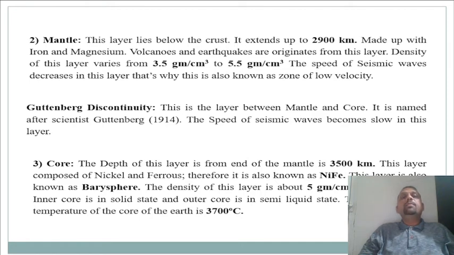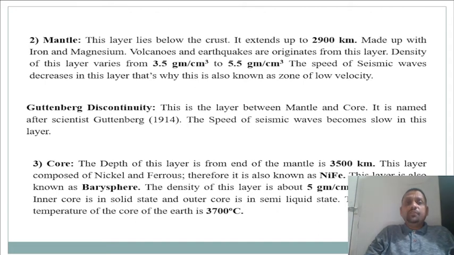But if the medium is liquid or semi-liquid, the distance between two atoms is more, and that's why the waves take more time to travel. That's why it is called a zone of low velocity.